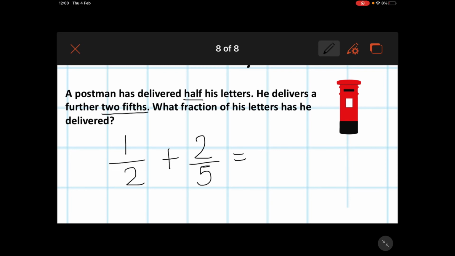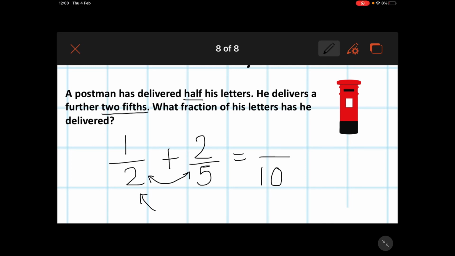Now in a previous video, you'll remember I told you that if you multiply the two denominators together to get a common denominator, you won't always get the lowest common multiple, you will get a common multiple. Now in this case, if I do times the two together, it will give me the lowest common multiple, and I know that's 10.